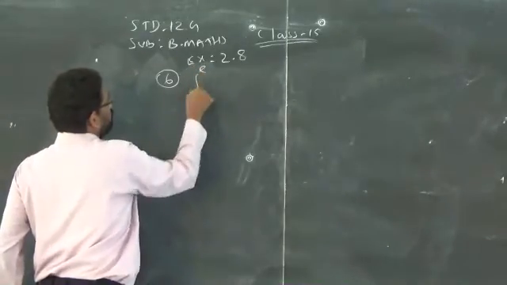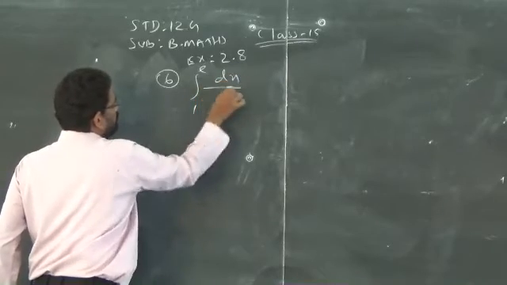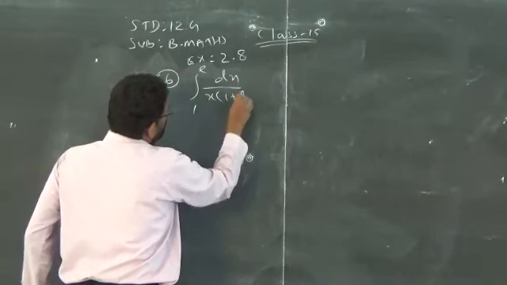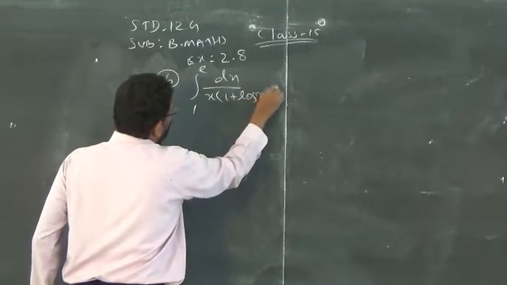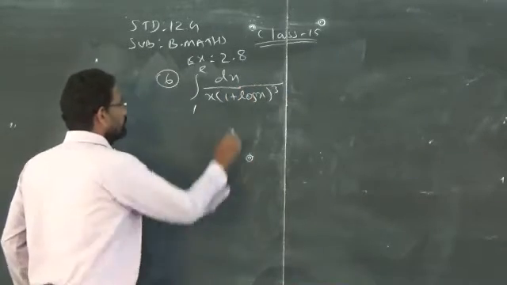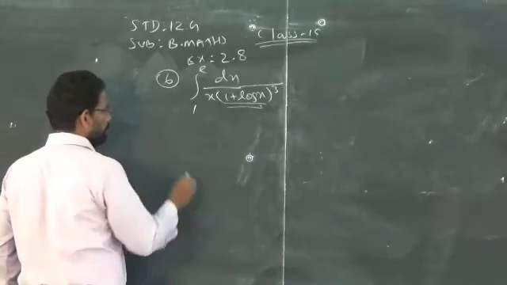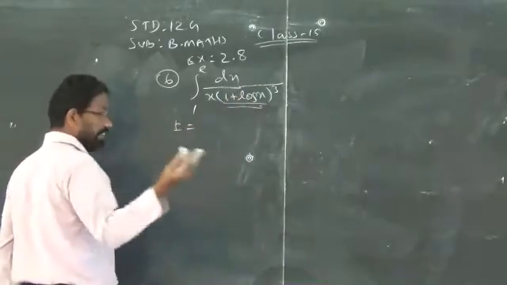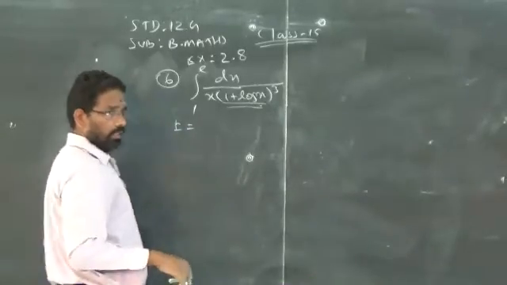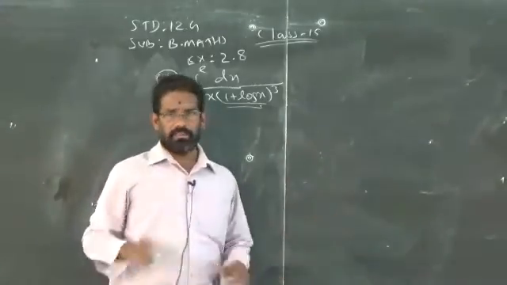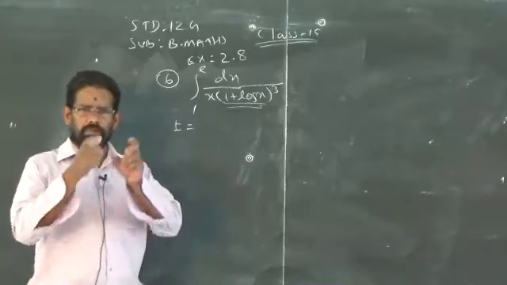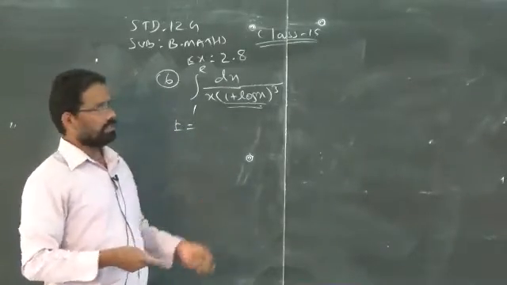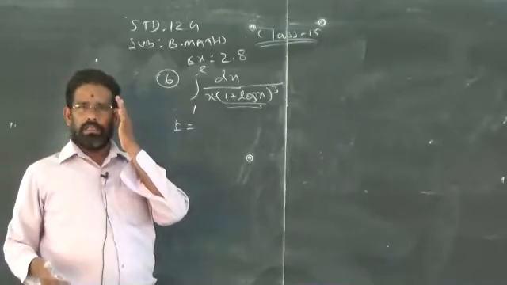Integration 1 to e, dx by x into 1 plus log x the whole cube. So here you have to consider this as t. If you consider other than this 1 plus log x, you never get the answer. You try. I did already in the previous exercise by trial and error method, considering one factor as t. If I did not get the answer for the remaining part of the question, then I can take another factor.